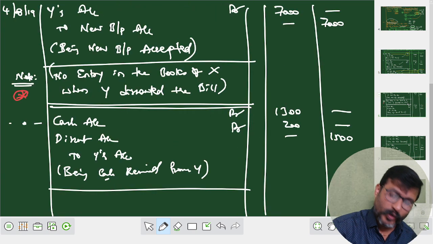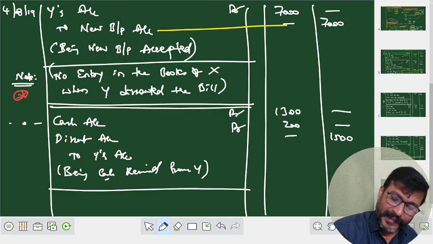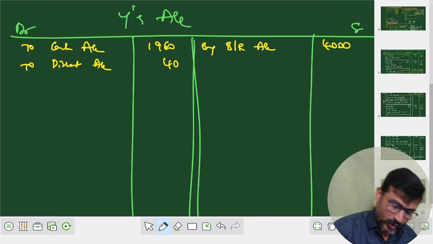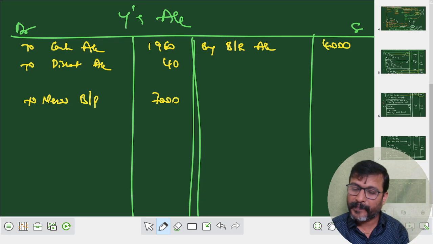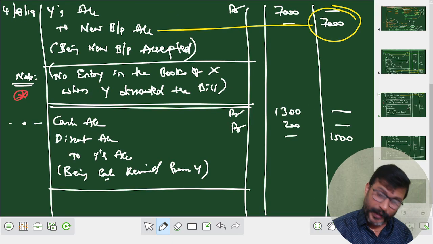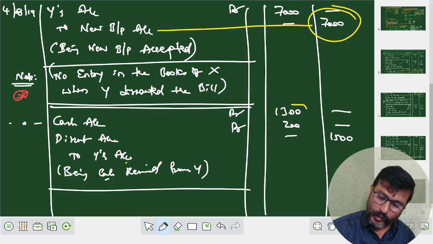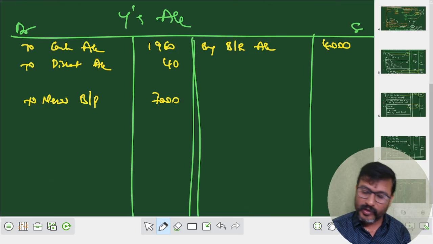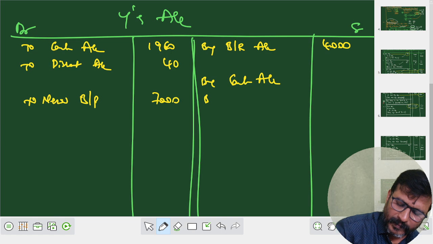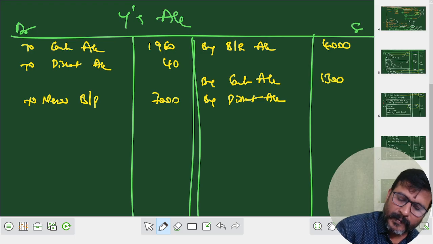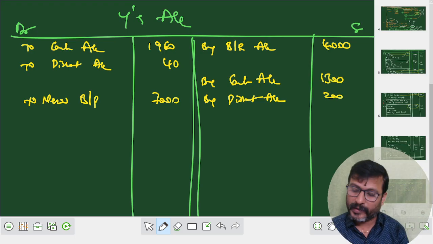Next, Y's account debit to new BP. New BP is in the credit side of journal, so it goes to the debit side of ledger, to new BP of 7000. After that, no entry for discount. Cash account debit, discount account debit to Y. Both are in the debit side of journal, so they go to the credit side of ledger, by cash account, by discount account, 1300 and 200.